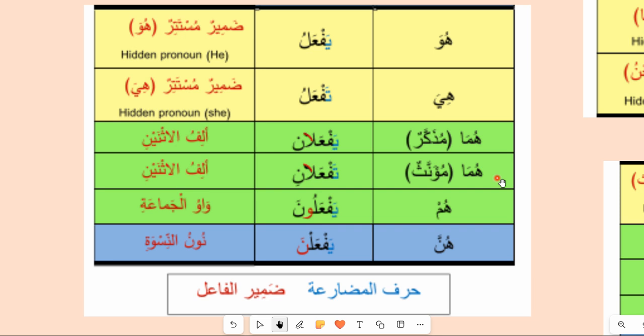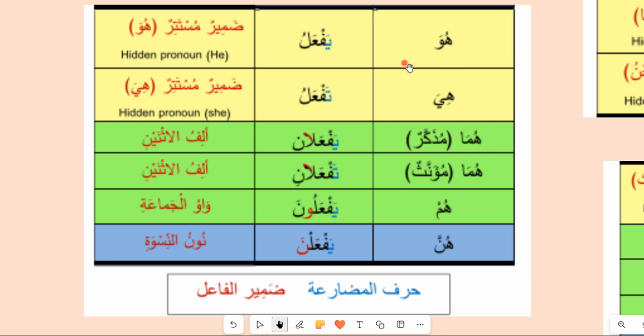For example, if you're talking about your friend who is not present, you use a fail with a damir that tells you whether you are talking about a female friend or a male friend. So let's see. In the ghaibs, we have single male and single female.